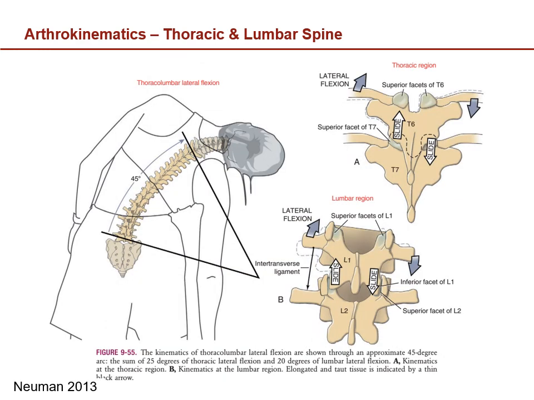Okay, and when we talk about side bending, the thoracic spine is going to be predominantly limited in its ability to side bend due to the presence of the ribs. However, what motion does occur when someone is side bending to their right, and we're looking at the mid thoracic at T6, T7, we can see on that ipsilateral facet there will be a down and back slide, whereas on the contralateral facet there will be more of a superior slide, one on the other.